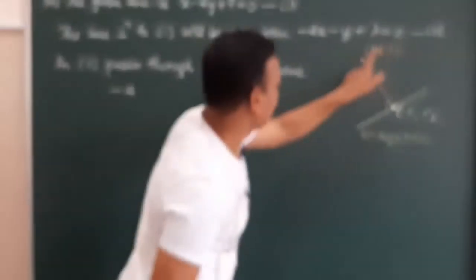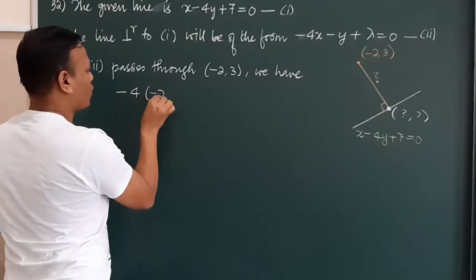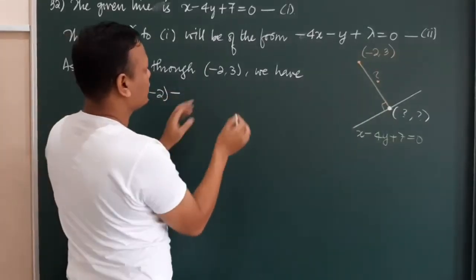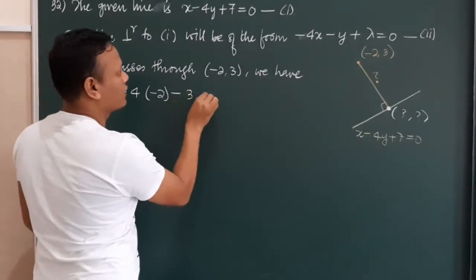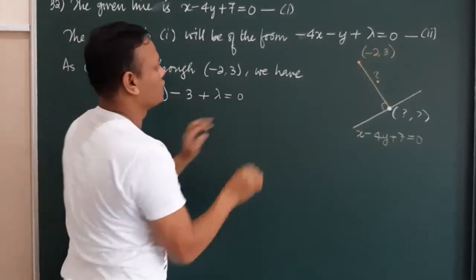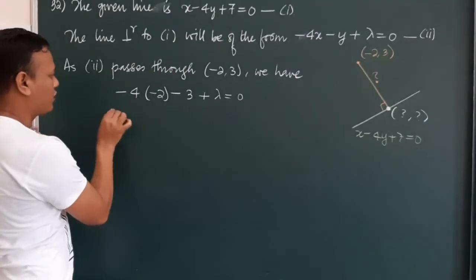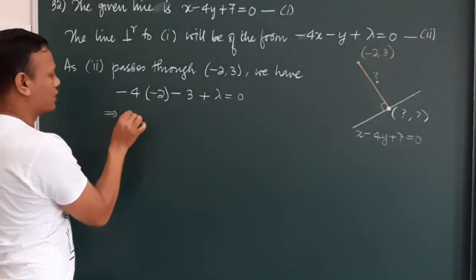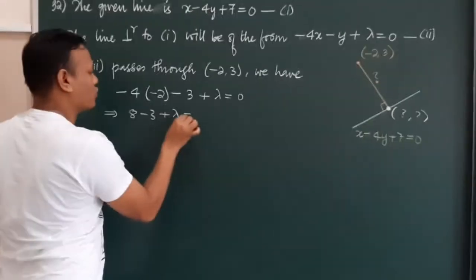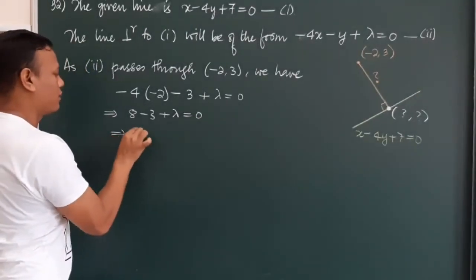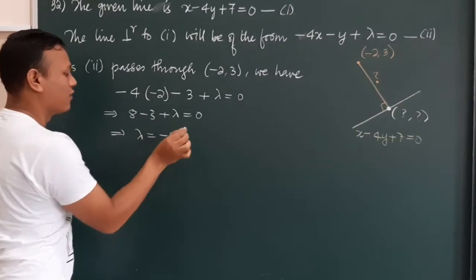Instead of x I am writing -2, and instead of y I am writing 3, plus lambda equals 0. Let us evaluate and find the value of lambda. Minus into minus is plus, 4 into 2 is 8, minus 3 plus lambda equals 0. So from here lambda turns out to be -5.